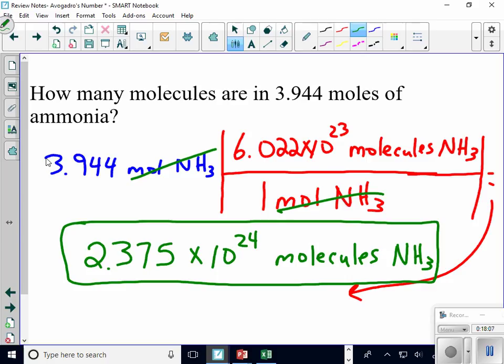Now, a couple of things to be aware of. I have seen a lot of times that people miss the e to the 24th in their calculator. See how it's at the very end?